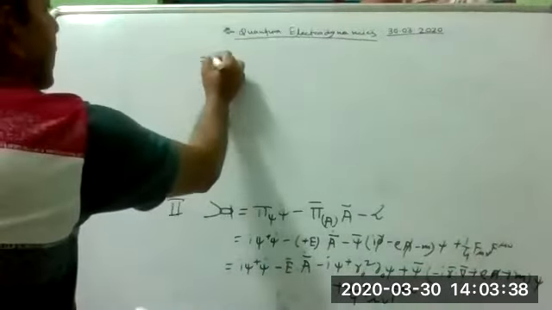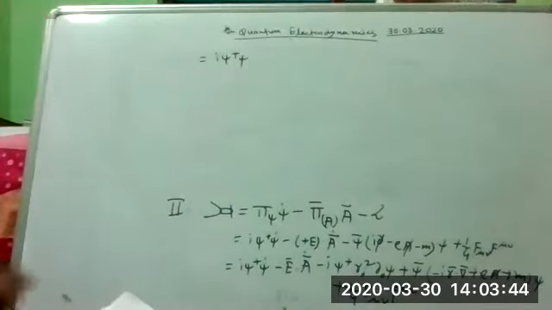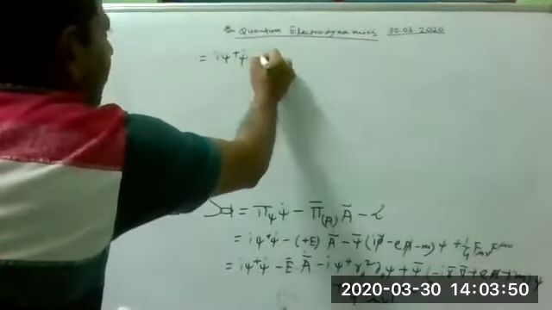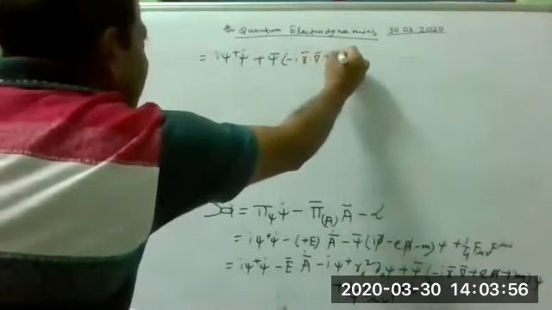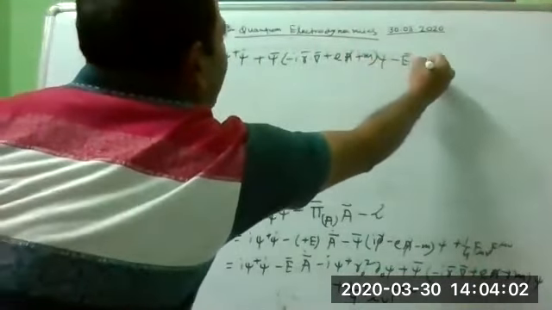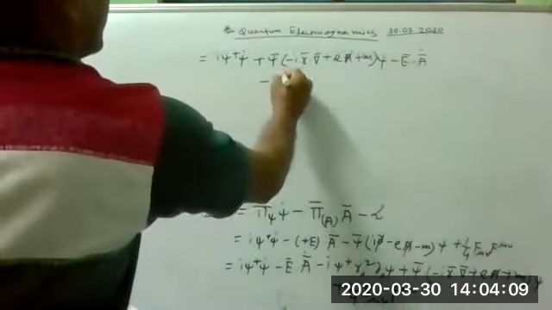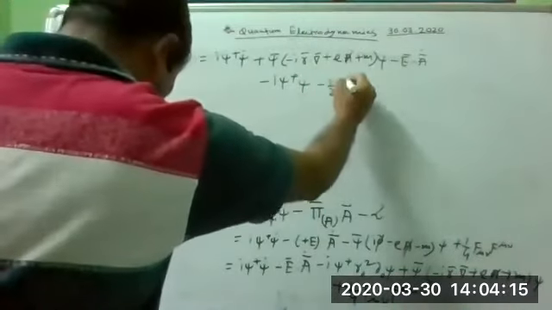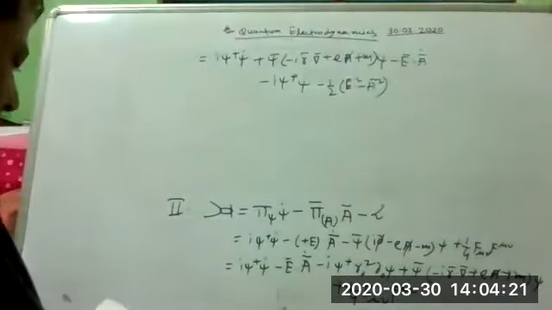So this can be written as i psi dagger psi dot plus psi bar of minus i gamma dot nabla plus e A slash plus m of psi minus E A dot minus i psi dagger psi dot minus half of E squared minus H squared, H field squared, electric field squared.